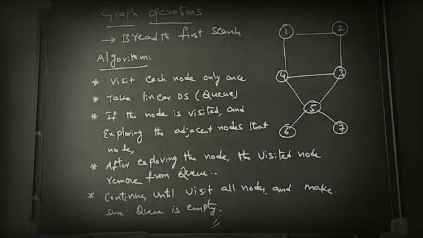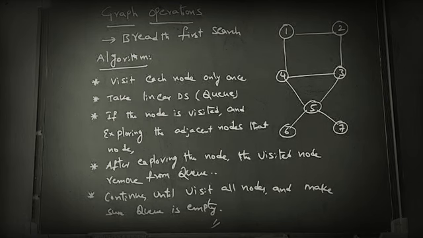You can start anywhere in the graph, not only at 1, 2 or 4. If any node is visited, make it enter the queue. For storing the visited nodes, maintain one linear data structure, that is a queue. You know the order of this linear data structure is first in, first out.